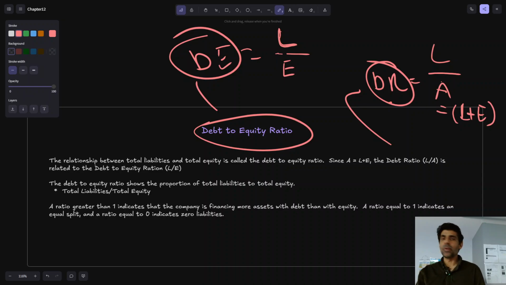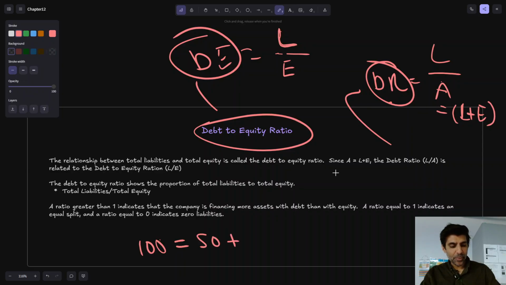Some people, for example, if your assets were 100 and your liabilities were 50, your equity was 50. Or actually, let's make this 40 and 60.